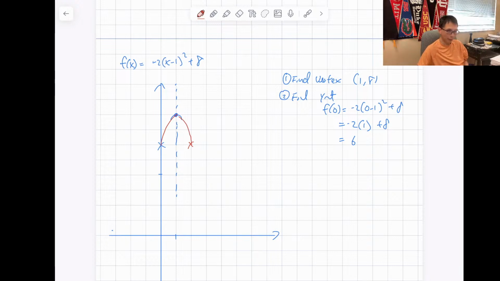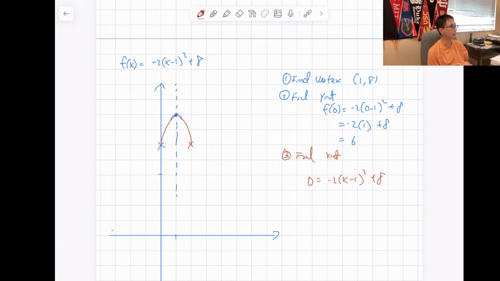Okay. Now, how do I find the x-intercept? y is 0. In this case, y is f(x), right? So 0 = -2(x - 1)² + 8. What do I do first? What'd you say, Isaac? Bring over the 8. Winston says expand them.